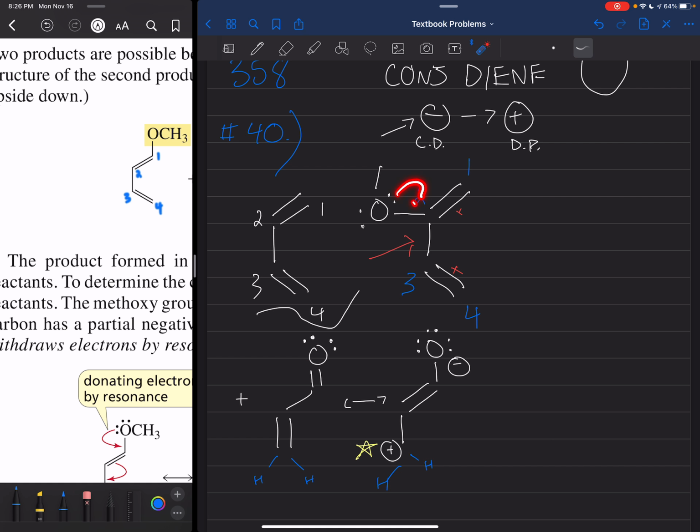So we're going in this direction. I know it's confusing. So let's map this out. We're going to go in this direction. We're going to form a double bond there, and it's going to push another double bond somewhere else, and that's going to end up moving this. So this is going to resonate to this.